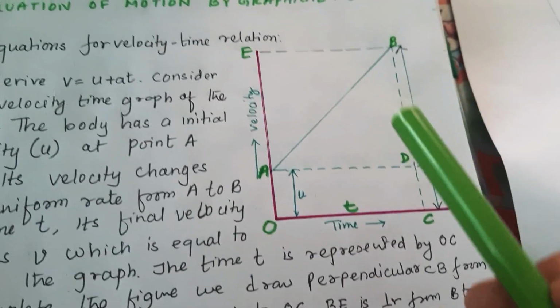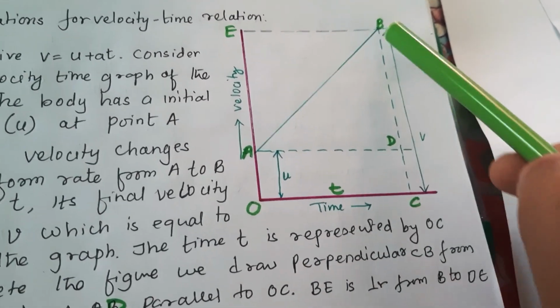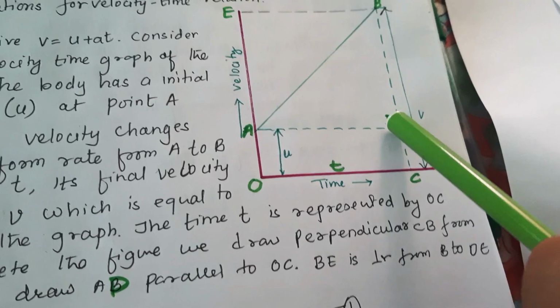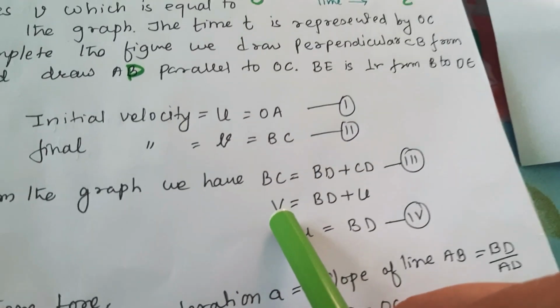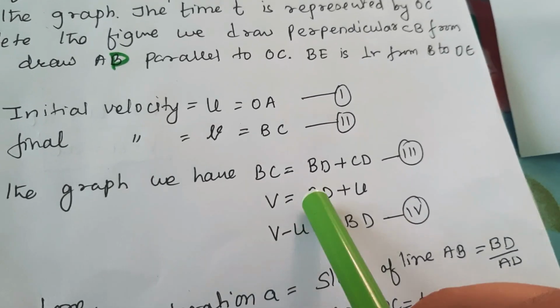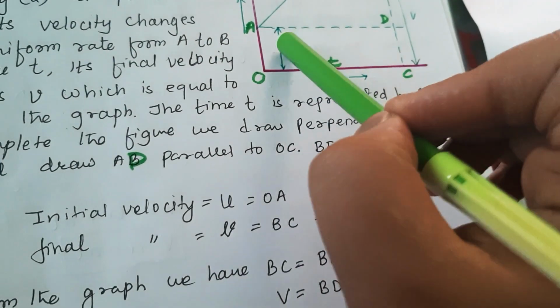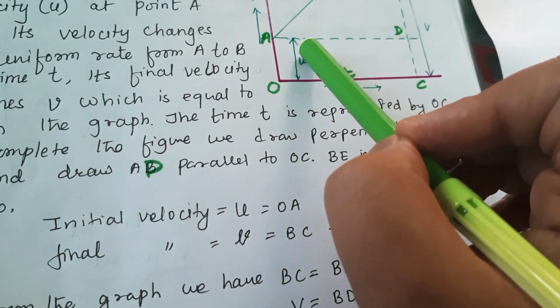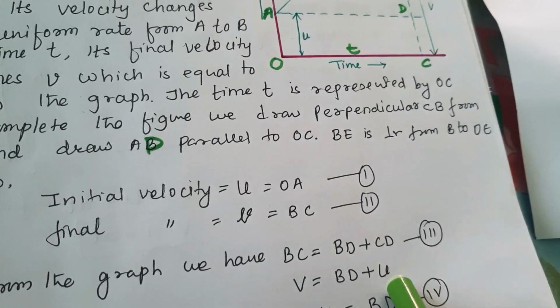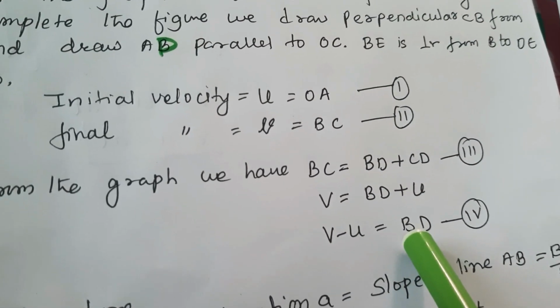BC is v, and CD actually means u, because OA and CD are equal. So when this u goes to the other side, it becomes v minus u equals BD.